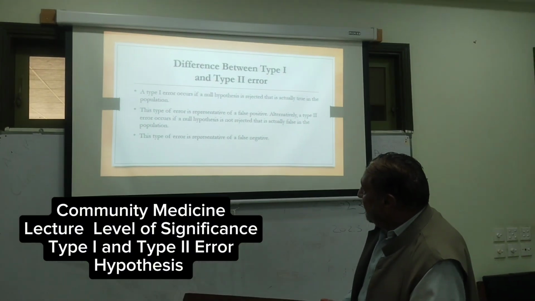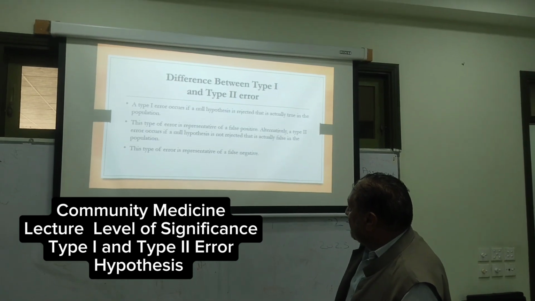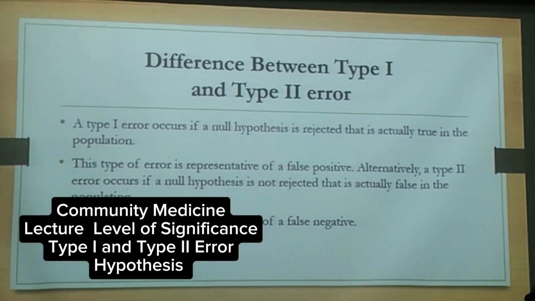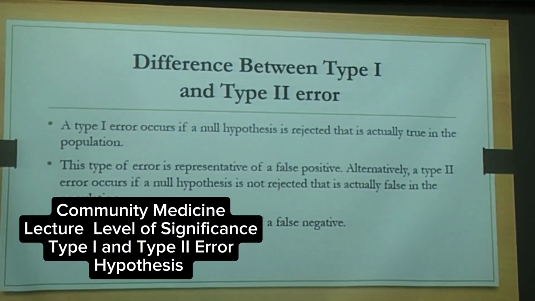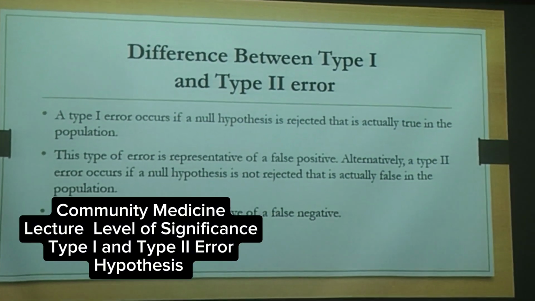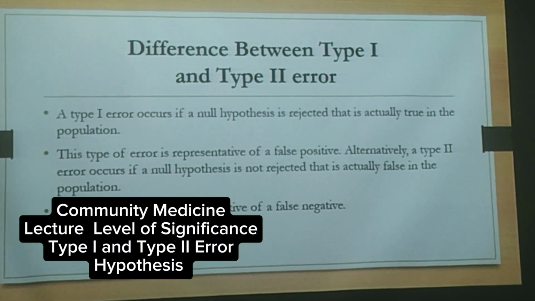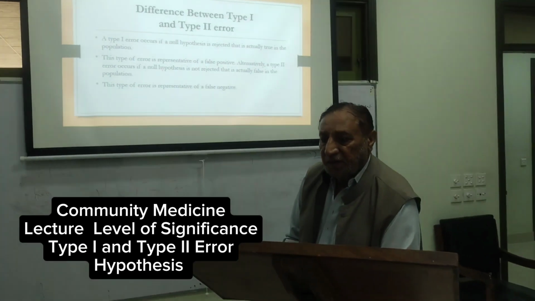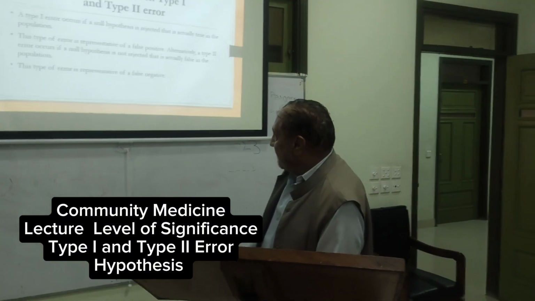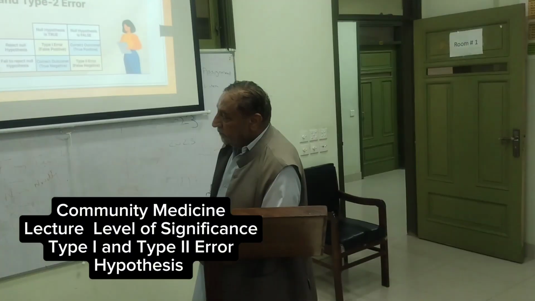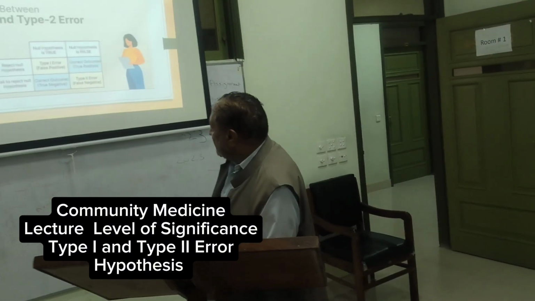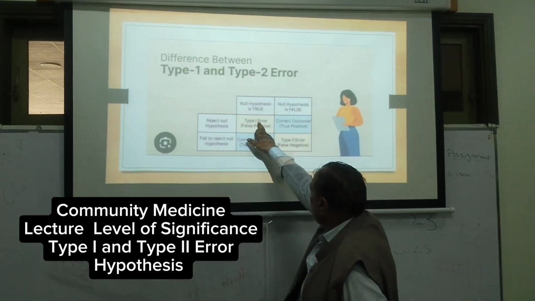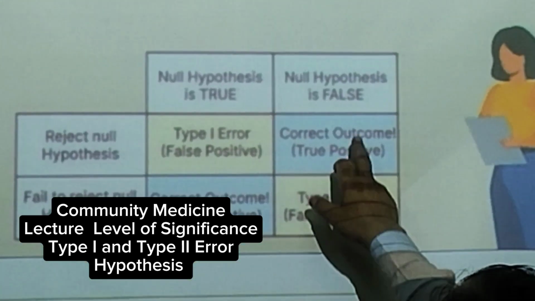The difference: type 1 error is when the null hypothesis is rejected that is actually true. So when you reject a true null hypothesis, it is type 1, and when you fail to reject a false hypothesis, then it is type 2 error. Next. This is a situation where you can see type 1 error and type 2 error.